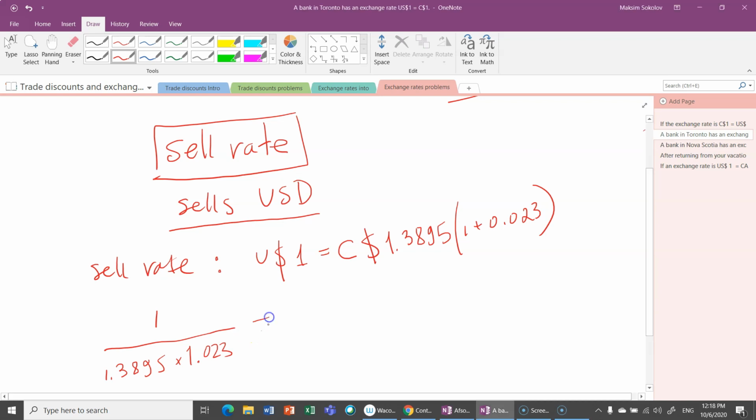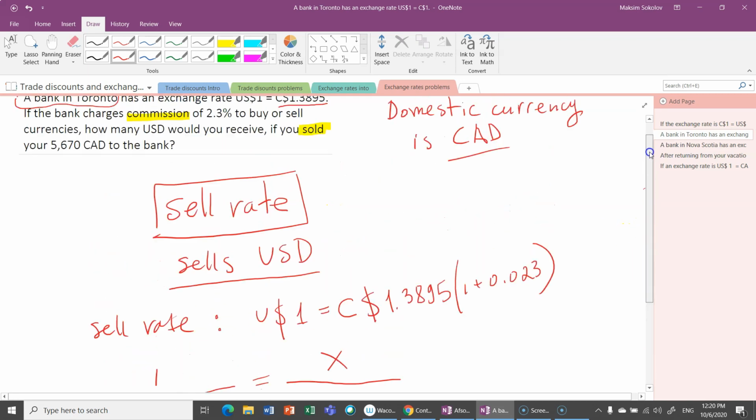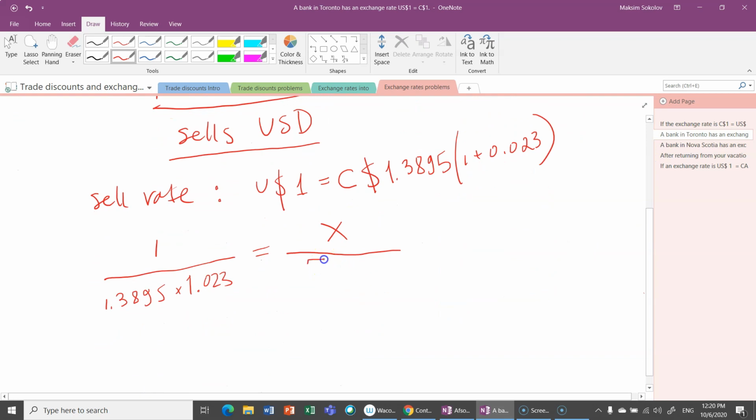That is equal to X here, because we don't know how many American dollars would be received for 5,670 Canadian. 5,670 Canadian here.